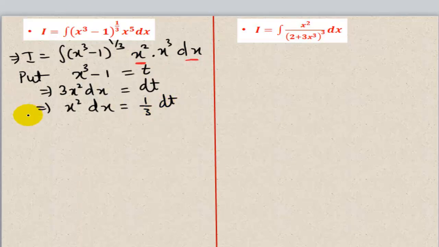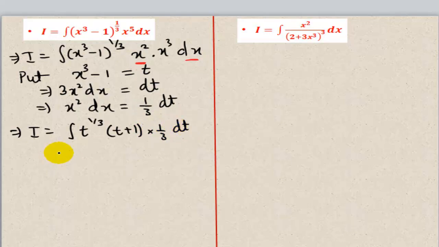Now substituting each term with the assumption we have made, I can be written as t with the exponent 1 by 3, then x cube. Because x cube minus 1 is t, I can write x cube as t plus 1, whereas x square dx will be written as 1 over 3 times dt.